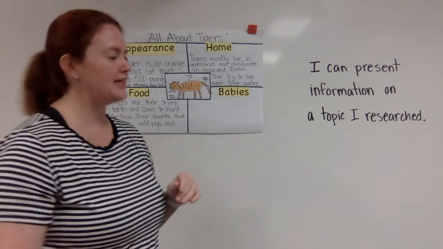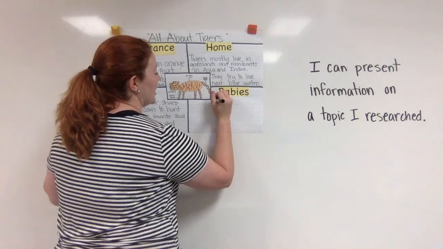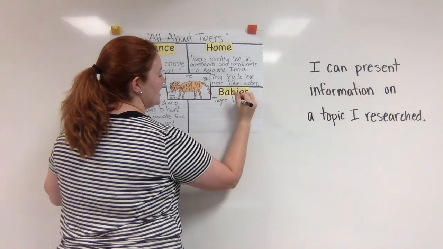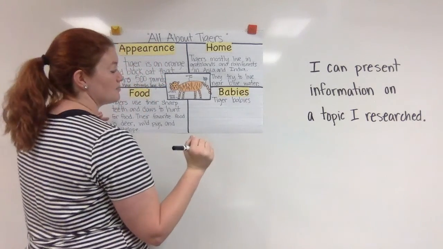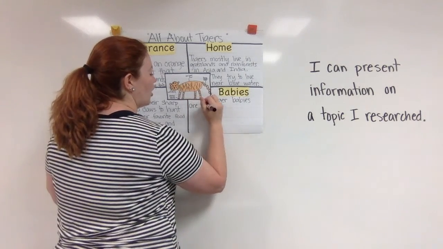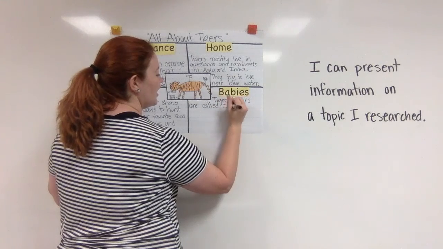I think that's a good place to start. So I'm going to start this sentence and say, tiger babies, and I have babies right here, so I'm going to make sure that's spelled correctly. Tiger babies are called cubs.